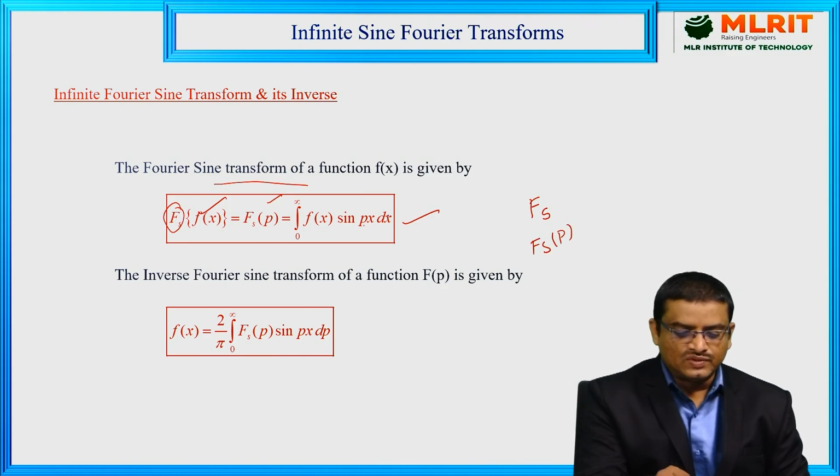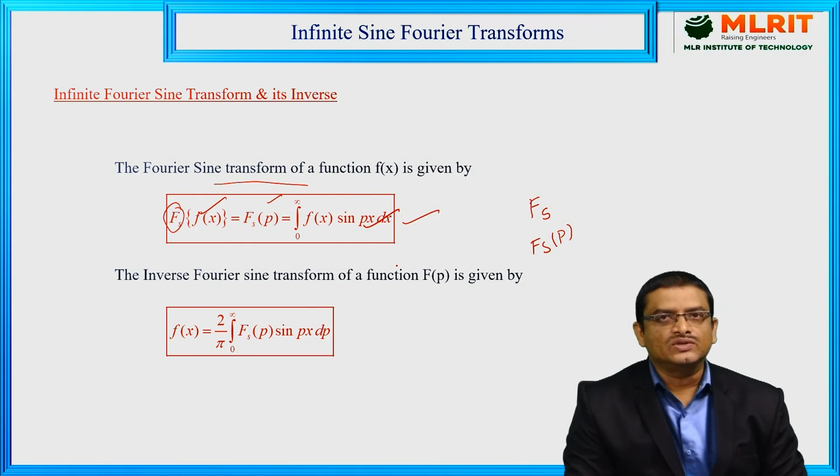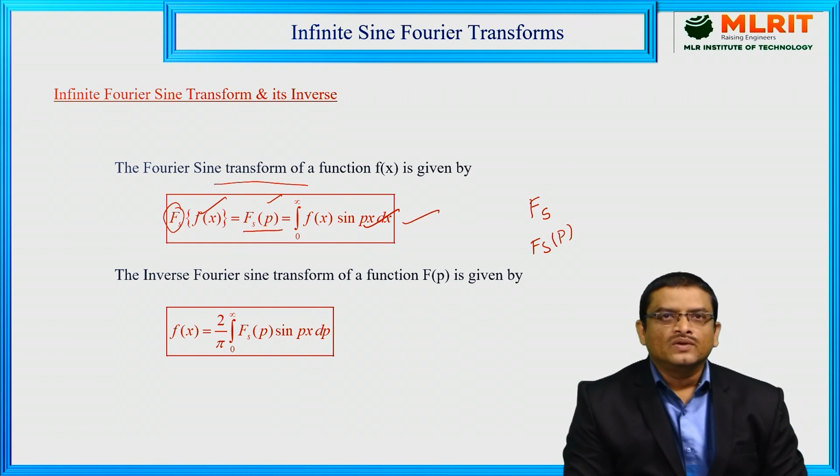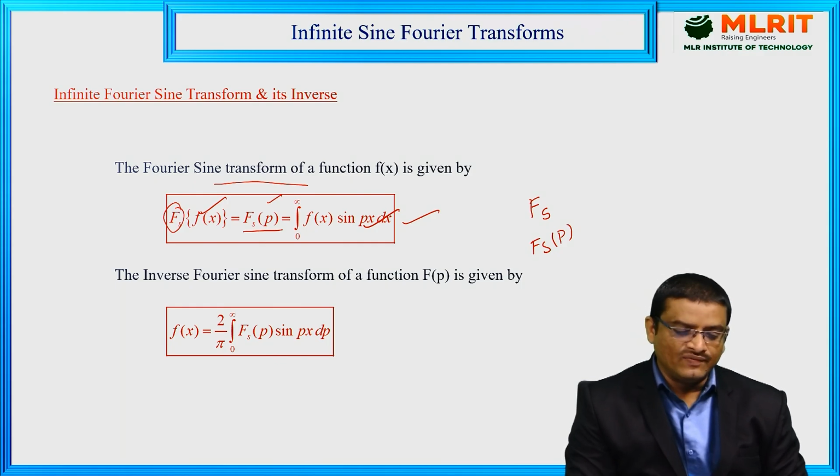Now if you solve this integral from 0 to infinity of f of x into sine px dx, you will get a value in terms of p. We will consider that value as f suffix s of p, which is the infinite Fourier sine transform of f of x.